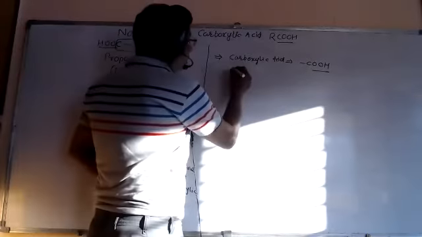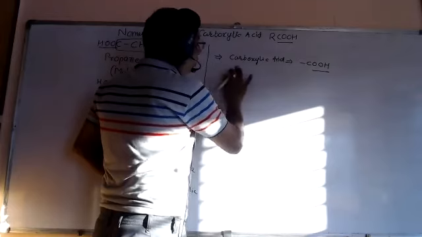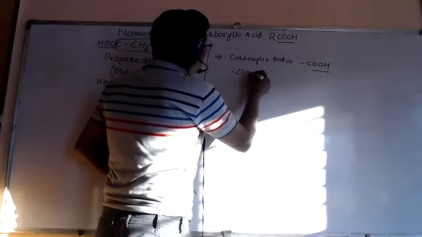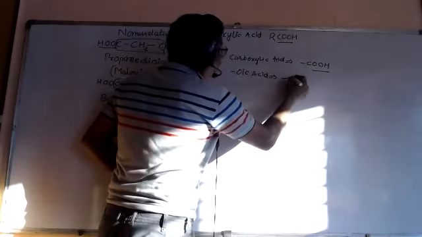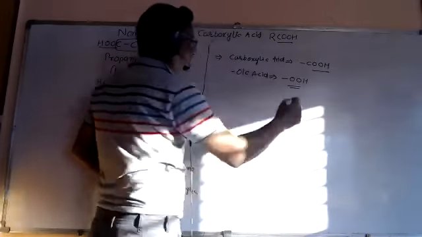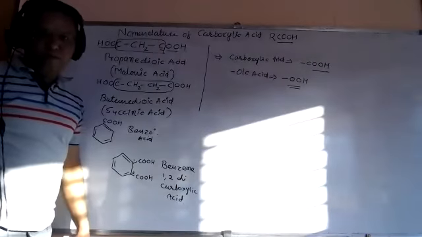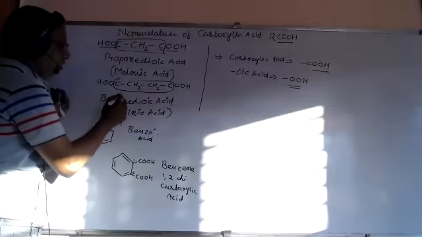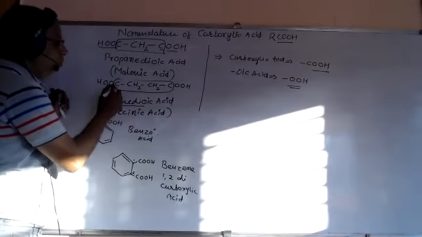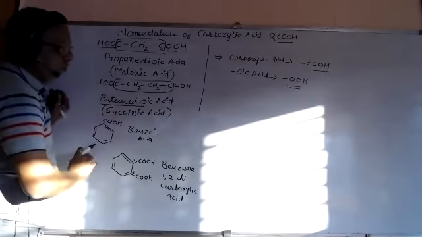Instead of it, the dioic or oic acid word is used for only COOH in the chain. This is the difference. As you can see here, this is butane. So butane is what? 1, 2, 3, 4 carbons.